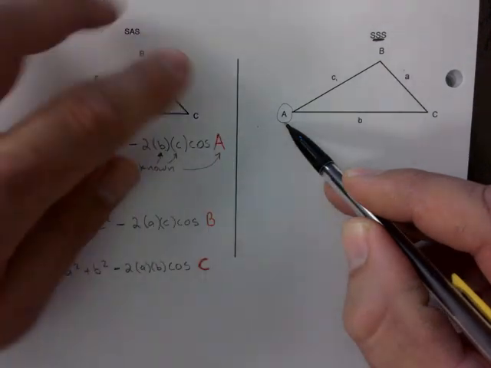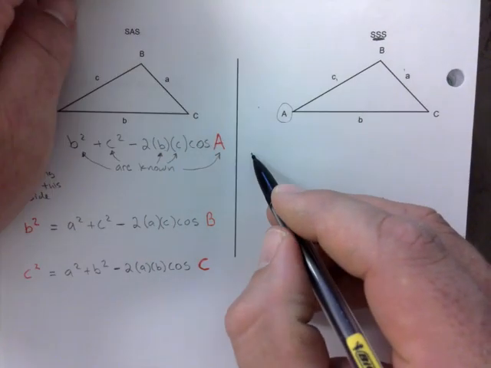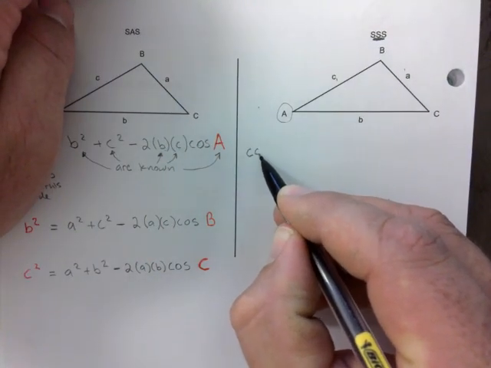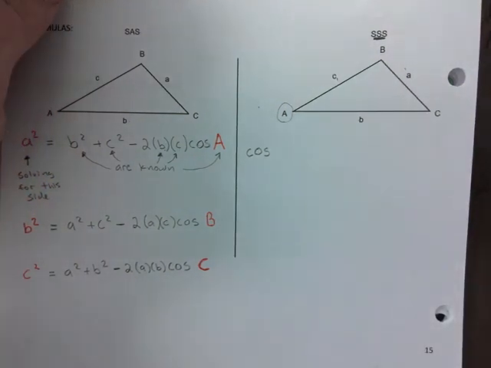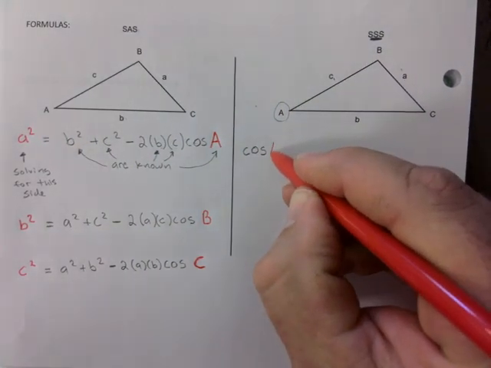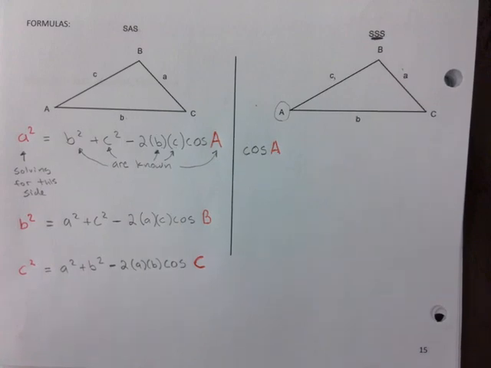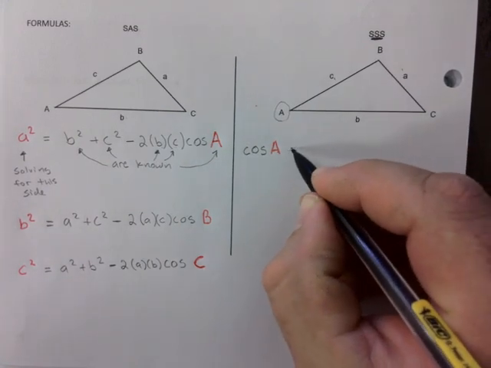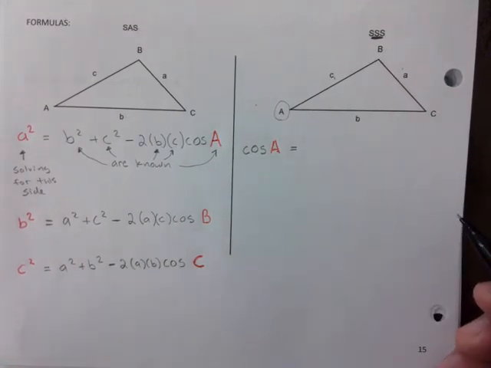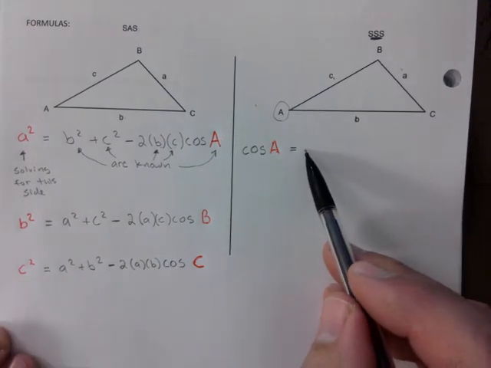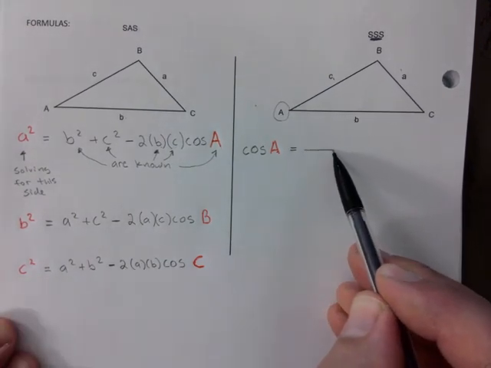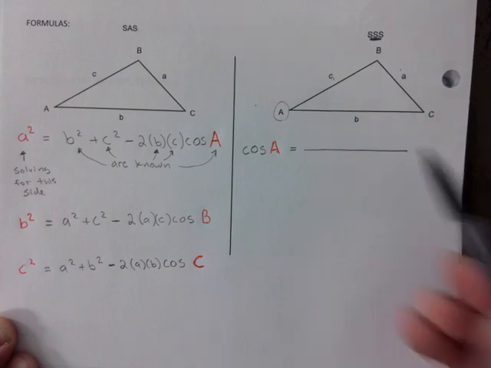That's my first choice. Then you have to start this way. Watch. Cosine of angle A is equal to, put a long line here. You're going to need a long line like that.